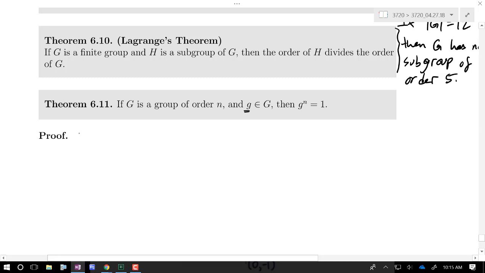So let p be the smallest positive integer such that g to the p power is equal to 1. We know that exists, by the way. We established some results on the order of an element previously.